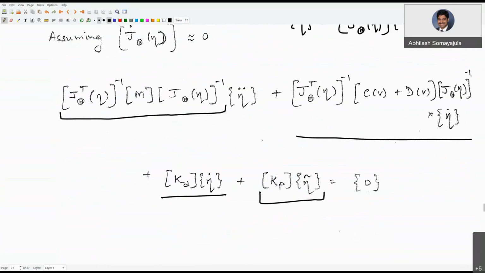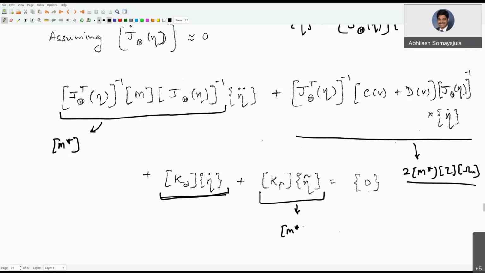Yes, so we are comparing this with the spring mass equation. Correct. So this basically becomes my mass, right? So that becomes M star. And this becomes my so-called damping term. So this is 2 times M star times the damping ratio times omega n, plus this one, the KD term also will be figuring into this, right? Because that is also a damping term. And then finally the Kp term is nothing but M star times omega n square.